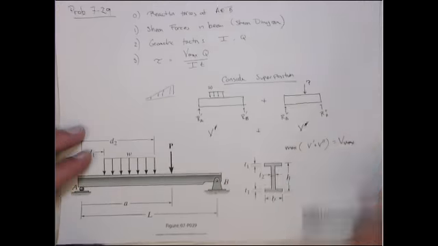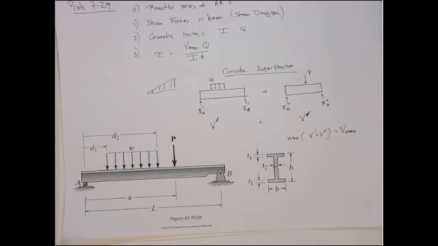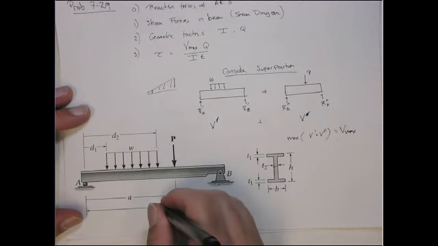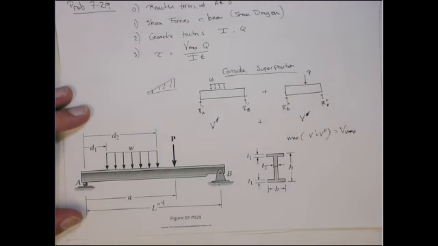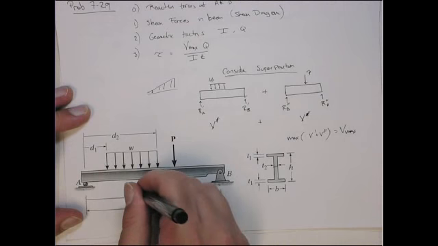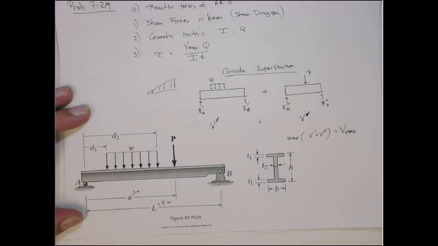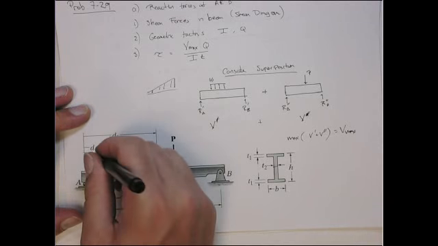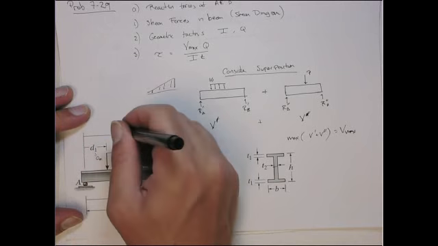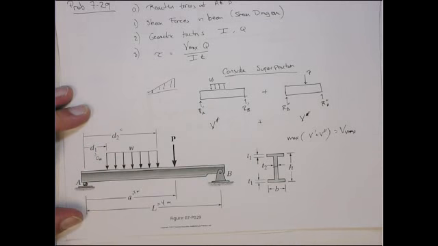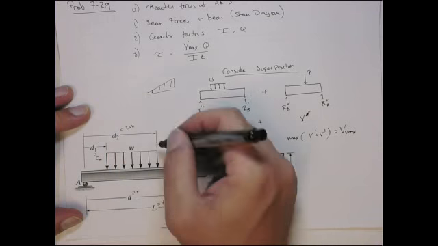So it's going to be the same problem, except we're going to use L equal to 4. This is all meter, millimeter stuff. A is 2 meters. D1 is 0. D2 is going to be 2 meters. So P is going to be right at that point there.